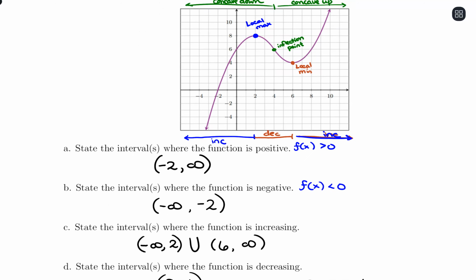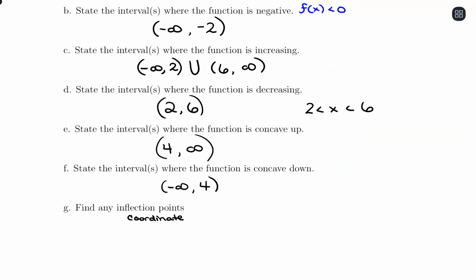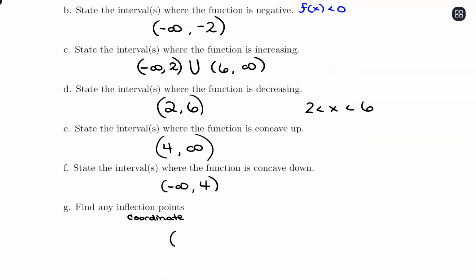So our inflection point we found was at that coordinate 4, 6. So this is our 4, 6, which is representing a coordinate where x is equal to 4 and y is equal to 6. But I just like to call out where this notation can look exactly the same, but we are representing different things. Some are intervals, some are coordinates.